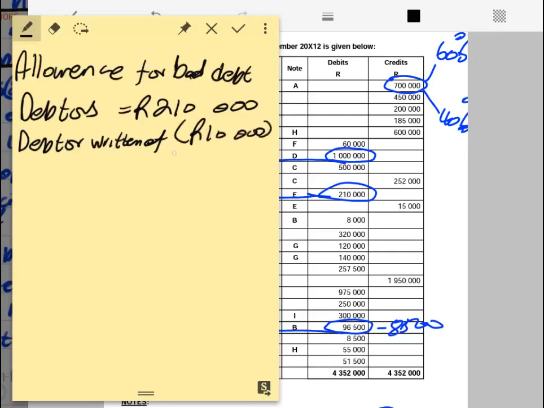Remember, another portion was received. It's not like the full amount was written off. Therefore, now our outstanding debtors will be 200,000 rands. So now we have removed the 10,000 rands.